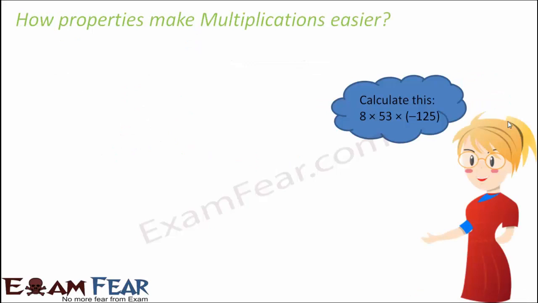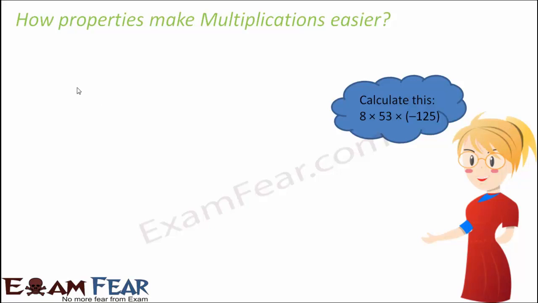Now again we come back to the same question, how these properties made multiplications easier, because on one of the previous slides I told that if you want to calculate 8 into 53 into minus 125, you need to do huge calculations. But now I have to prove how with the help of these properties this calculation is going to be simple.